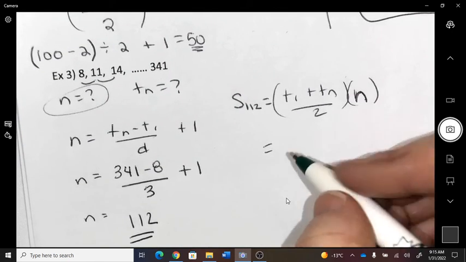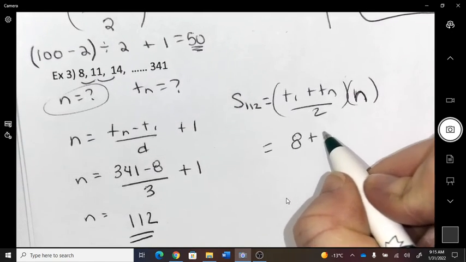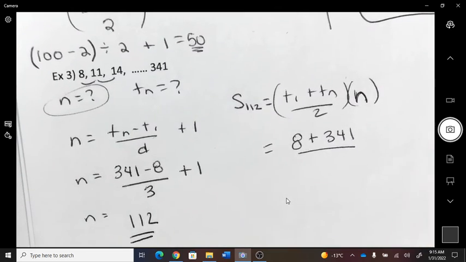So the first term, 8, plus the last term, 341. I'm going to average it.